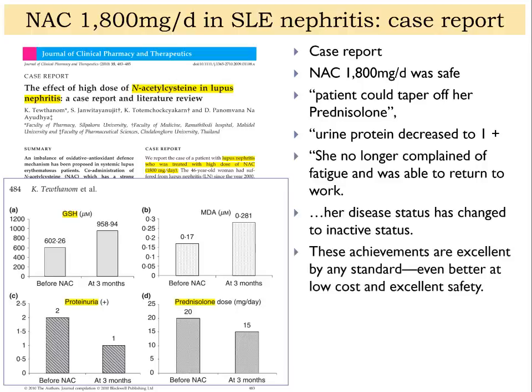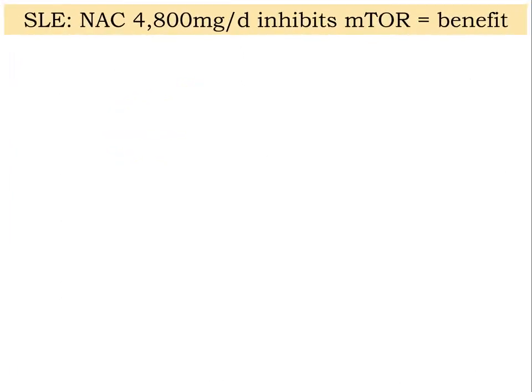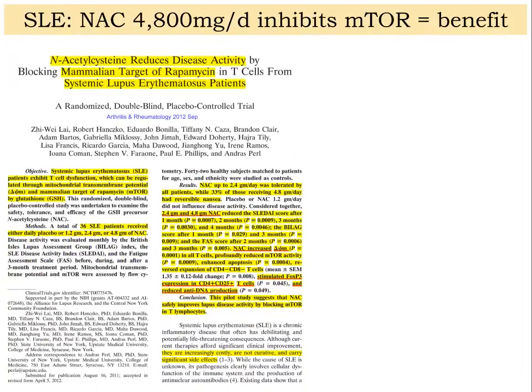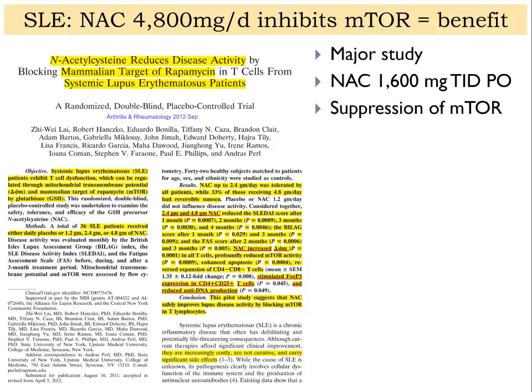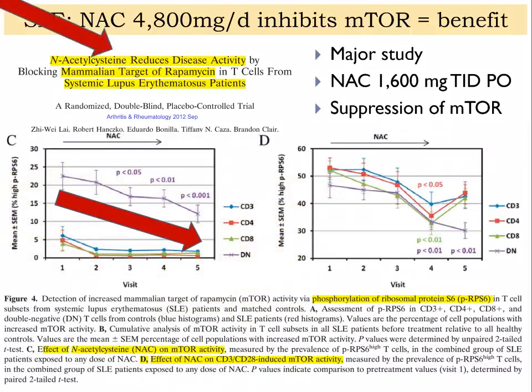This was followed by a case series that was actually quite nice, and then a really well orchestrated and mechanistic study was published here in Arthritis and Rheumatology in 2012, September. As I mentioned before, I consider this to be a major study with a lot of really important clinical implications. So again, I invite you to look at the more extensive review that I published recently online in video format.